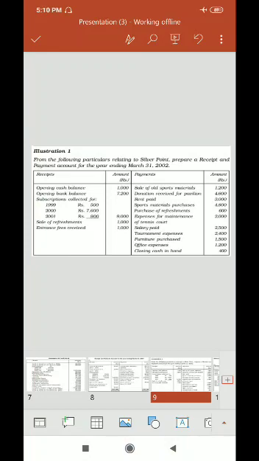Anyways, dear students, make a slight change: rather than the year ending March 31st 2002, make it 2000, because the subscriptions information they have given should match that year end. It doesn't matter much.